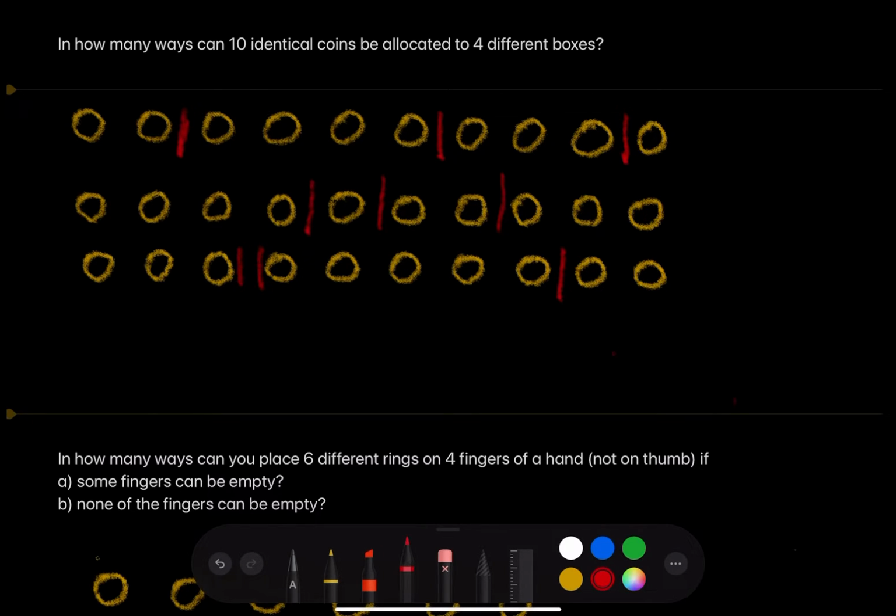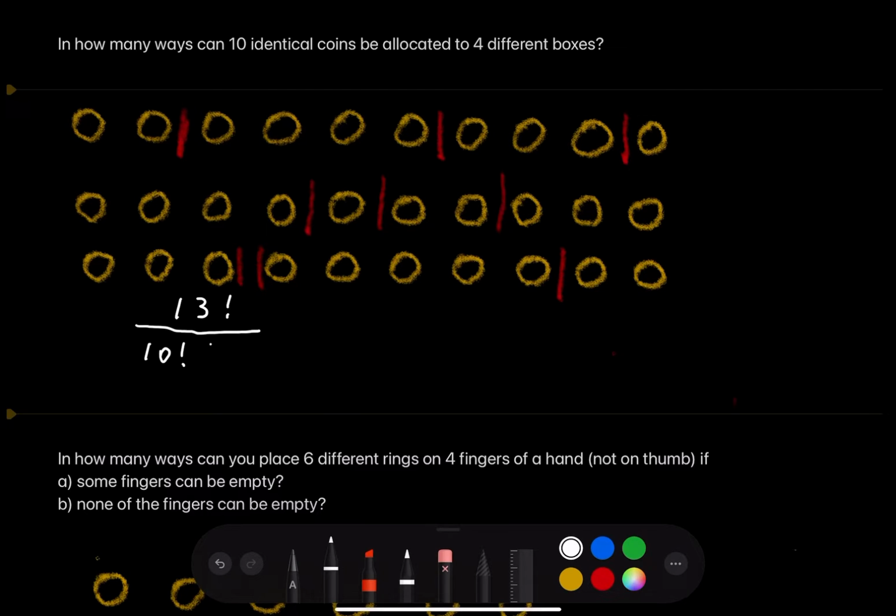So altogether you can see I have 13 items. With these 13 items, I can arrange them in 13 factorial ways. And of course, I'm going to remove the order between the coins because they are identical. So the order between the coins is 10 factorial, I'm going to remove it. And also the separators are identical.